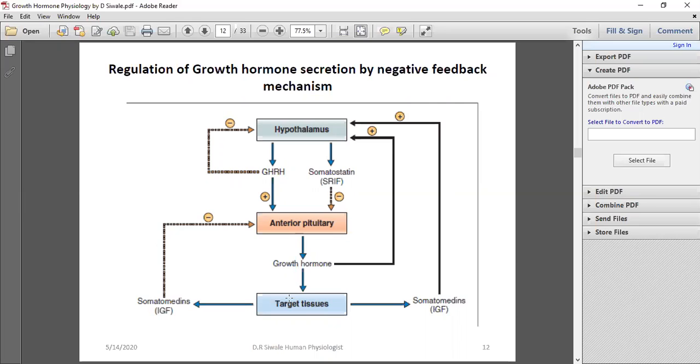Apart from having anti-insulin properties, it has indirect effects on growth: elongation of bones, and also protein synthesis. Now these target tissues will release certain substances called somatomedins, which are released by the liver. The target tissues can be adipose tissue, skeletal muscle, and the liver.